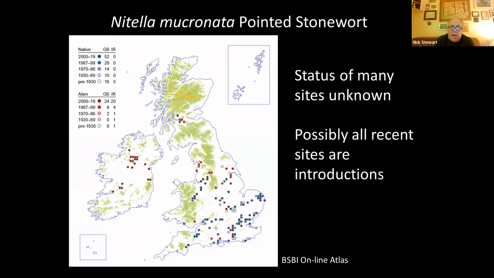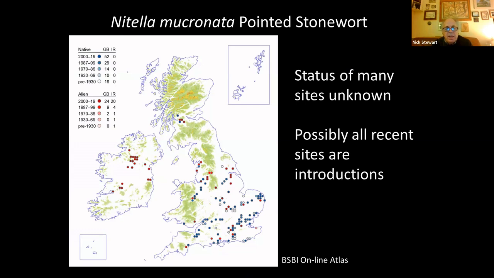This is quite a mixed bag, so there's quite a lot of juxtaposition of completely unrelated things. But there is a stonewort which is thought to be introduced, at least in some places.